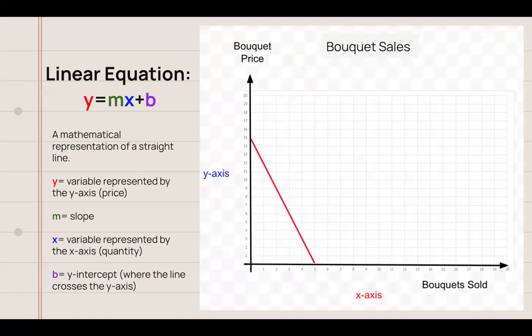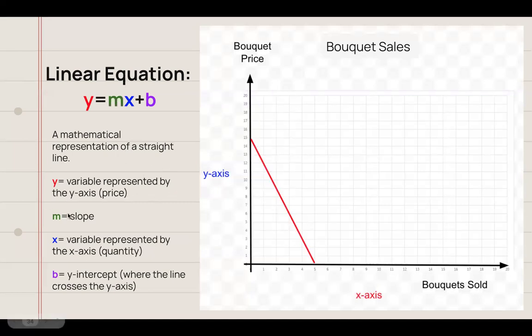Now let's talk about linear equations. Some of you who have taken some algebra may be familiar with the equation y equals mx plus b. This kind of equation is the mathematical representation of a straight line, like the line that we have here. So let's break down this y equals mx plus b equation.